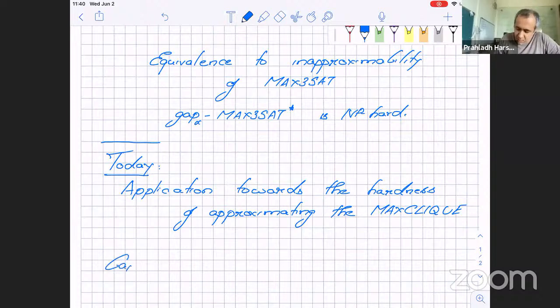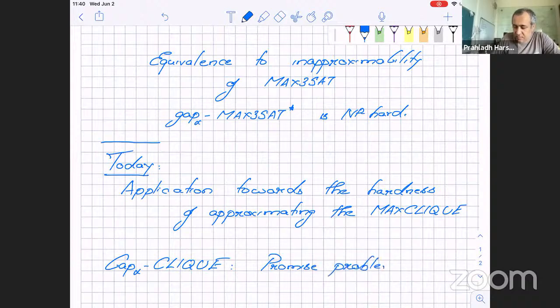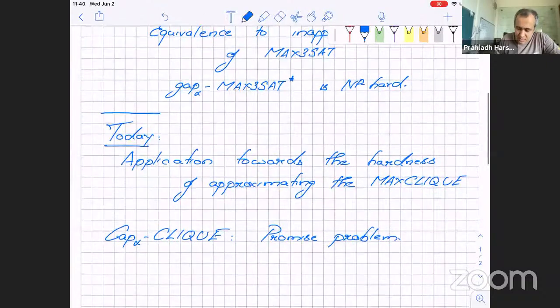So we'll talk about gap alpha clique. It's the promise problem which is defined as follows.